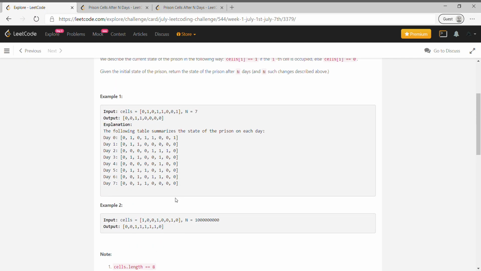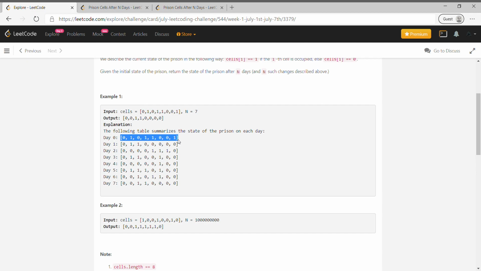Given this example, we can see that there is a pattern in the given array of cell states. The state of all the cells actually repeats after every 14 days.